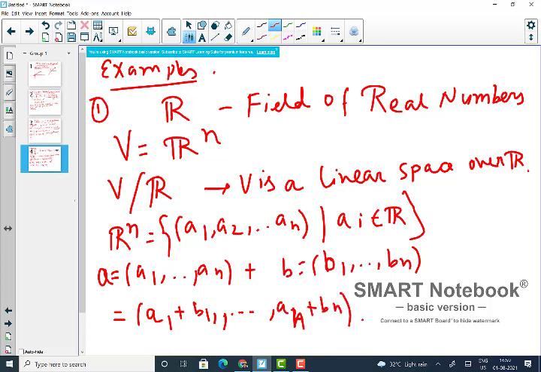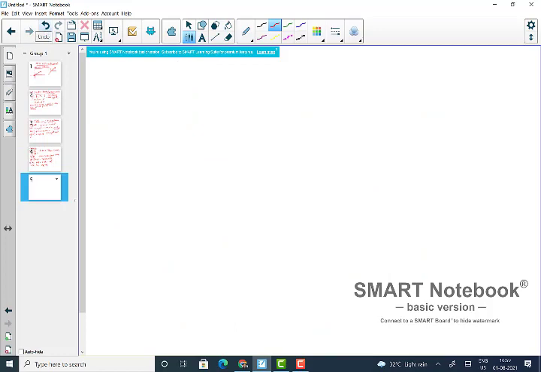Okay, and the scalar multiplication will also be obvious, because if you multiply a constant c to that vector A, which is (a1, a2, ..., an), then the result will be (ca1, ca2, ..., can). For the sake of brevity, I am not writing c dot a1; ca1 means c dot a1, and this is the scalar multiplication.